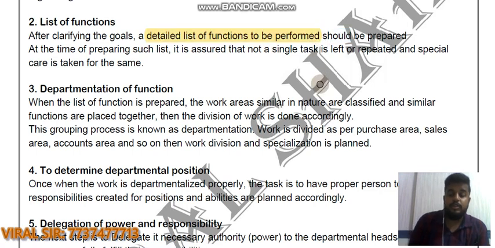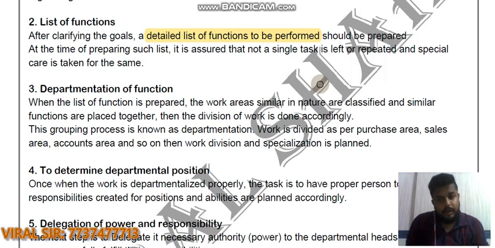What are the functions to be performed? Not a short note, but a detailed list including each and every function to be performed should be prepared. And at the time of preparing such a list, it should be assured that not a single task is left or repeated. Both things should be taken care of.